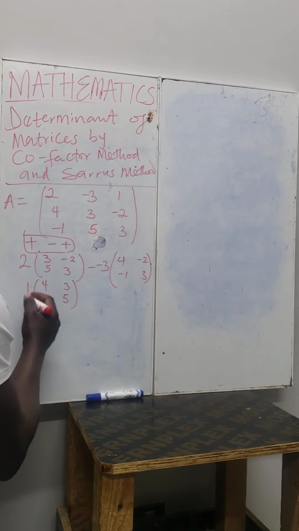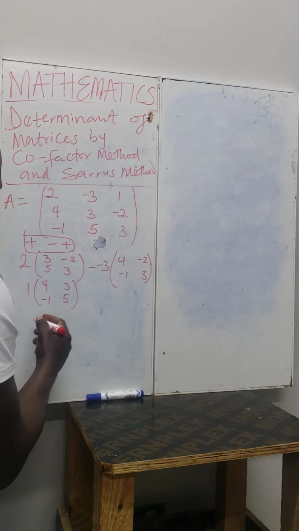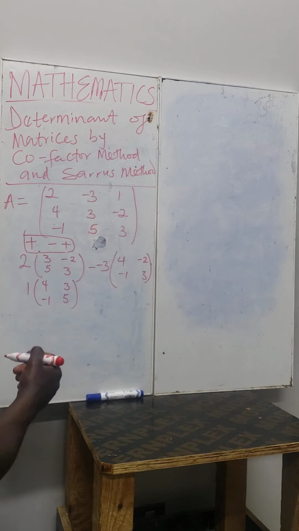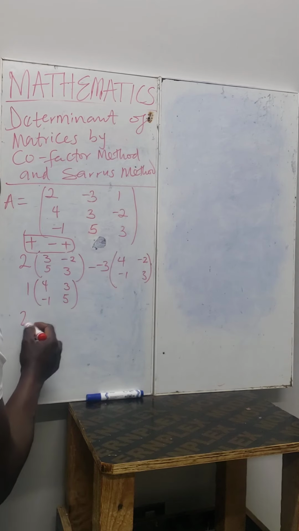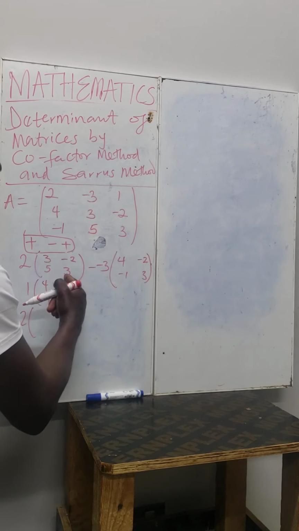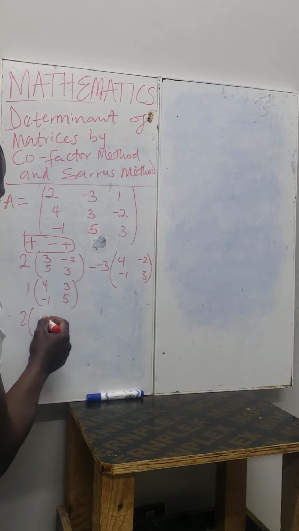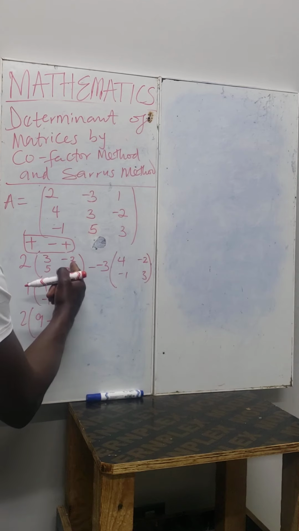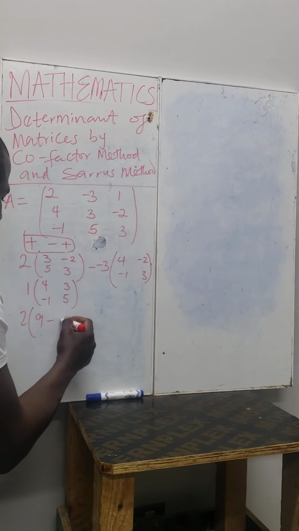Now, we have to apply the method of determinant. So the first one is 2. Don't forget, 3 multiplied by 3, major diagonal. 3 times 3 is 9. Minus 5 multiplied by minus 2 is minus 10.